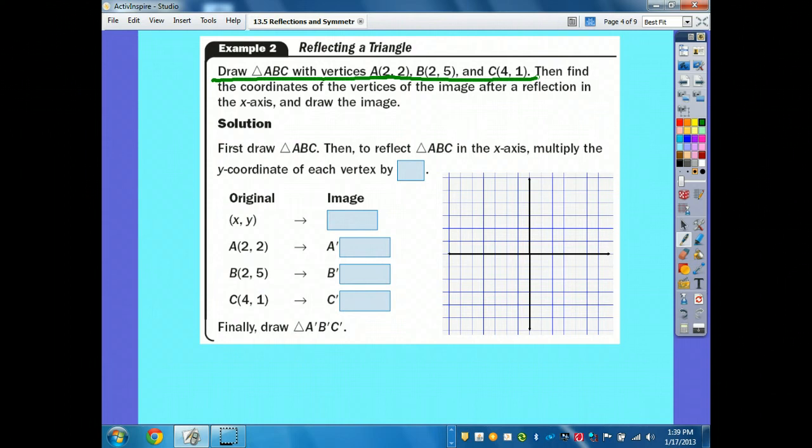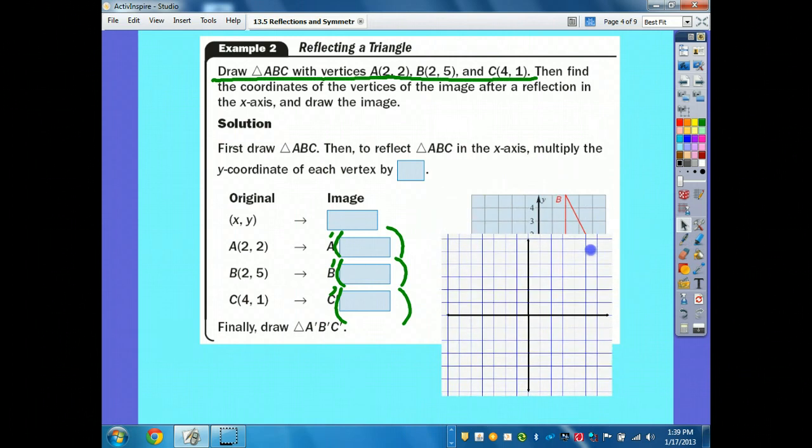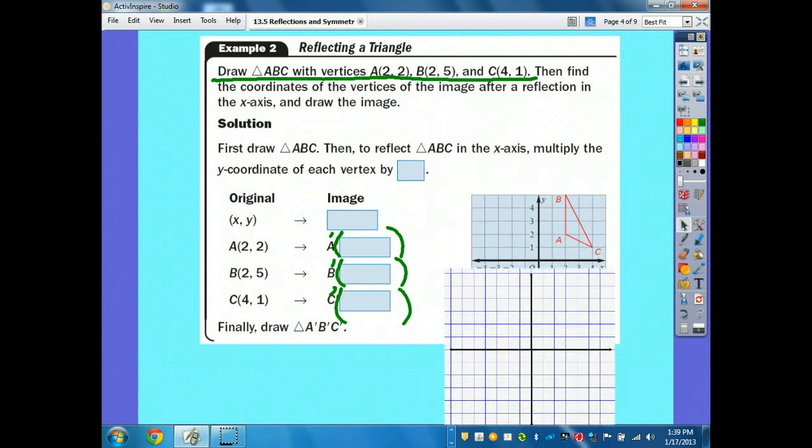A, B, and C. And hopefully it'll match mine. There's the original. Any questions on how to get to the original? We all good?